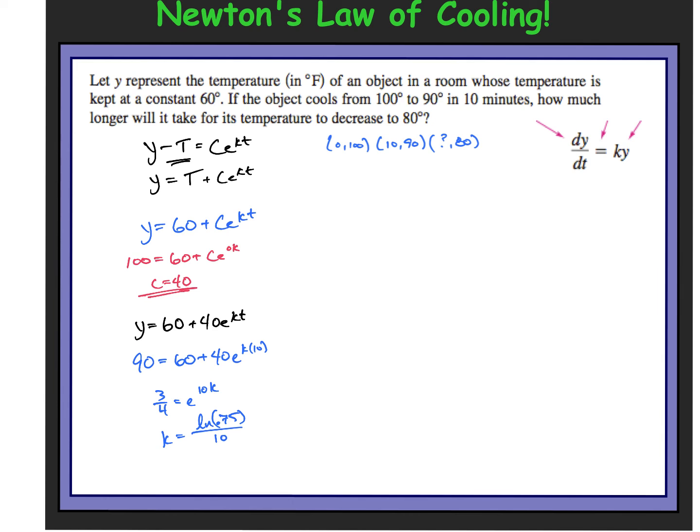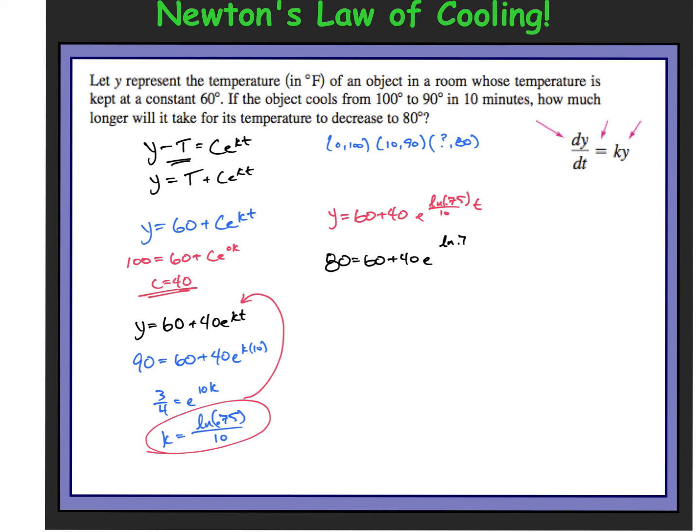And then what do we do after we have that? Substitute it back in. So now we have y is equal to 60 plus 40e^((ln 0.75 / 10)t). So now what are we solving for? T. So now we're substituting in 80 for y. So now we have 80 is equal to 60 plus 40e^((ln 0.75 / 10)t).